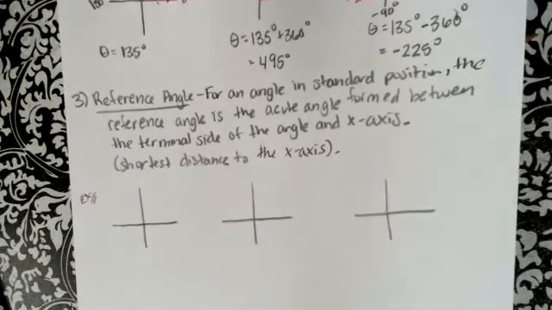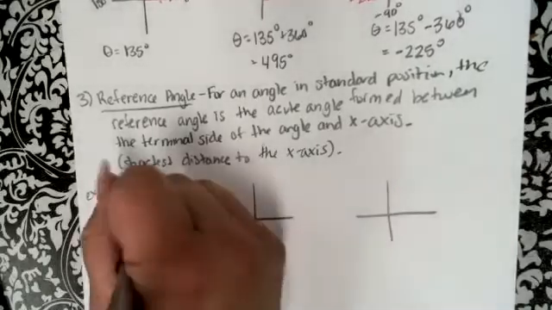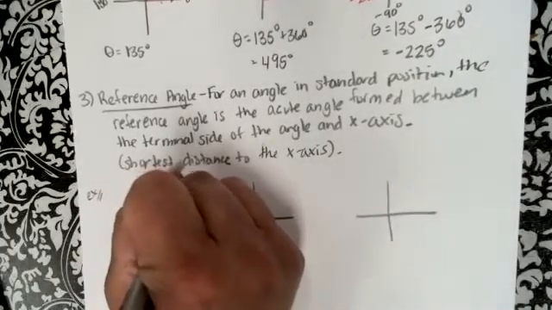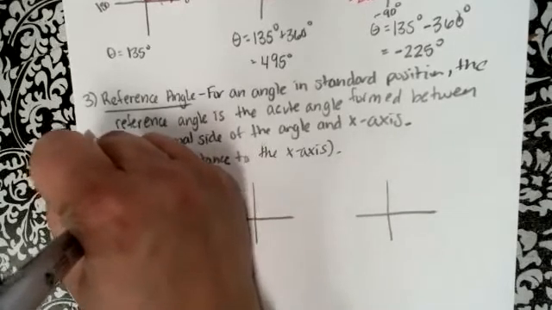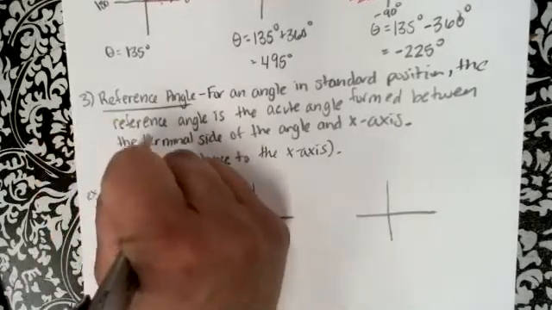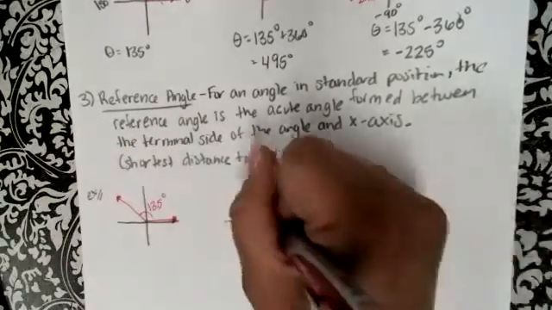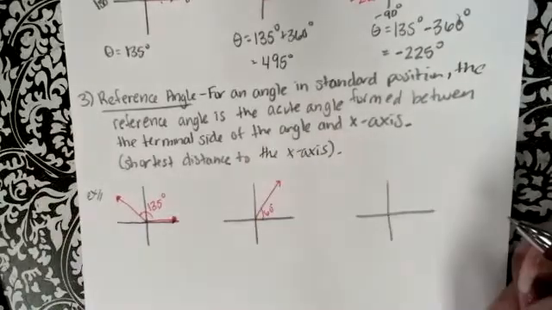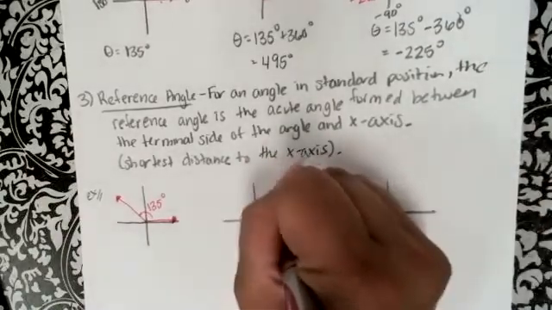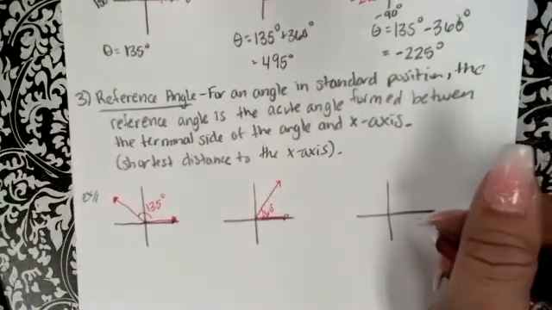Let's say this one goes to 135. 135 is somewhere right here. We'll say this one goes to 60. And then we'll say this one goes to negative 100.